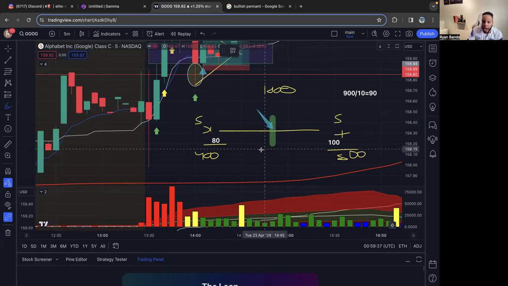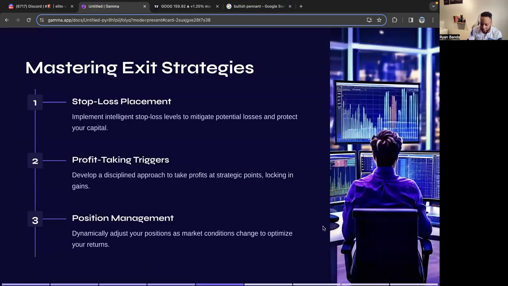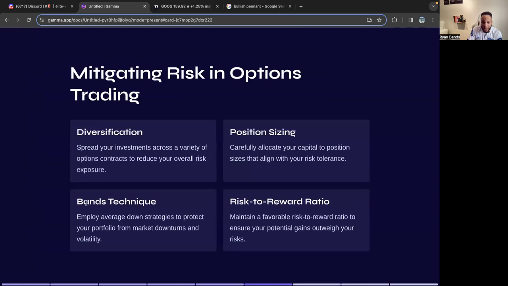So now your average fill price for this trade is reduced from $100 down to $90 simply by using what? Let me show you. By using the bands technique. The average down strategy to protect your portfolio from market downturns and volatility is called the bands technique, where you're doing proper position sizing into your trades.